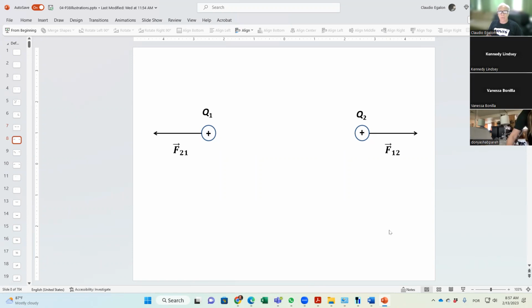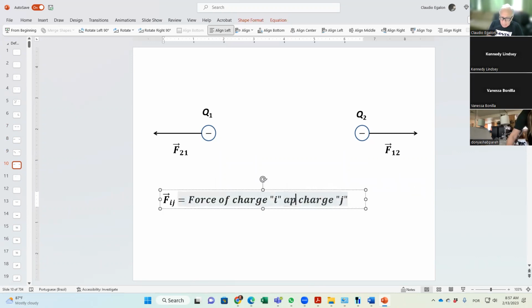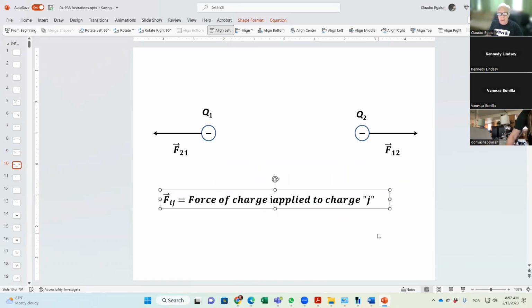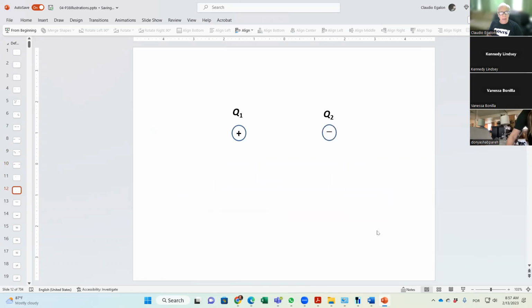Here is the force between two charges of like signs, and here is F sub ij. Here's what that means: the force of charge i applied to charge j. Let's write that down this way. And here we have those two charges.